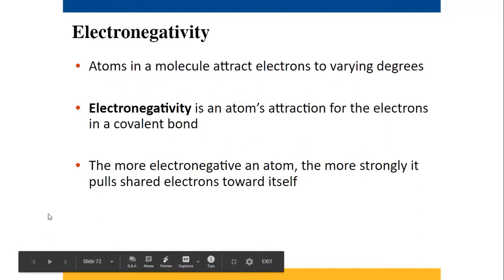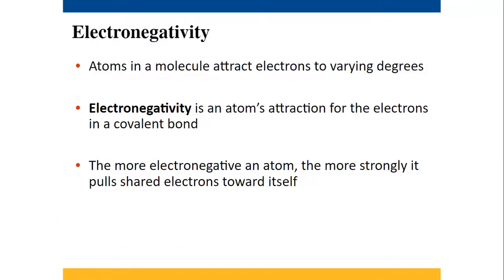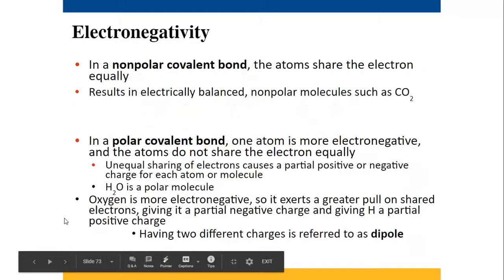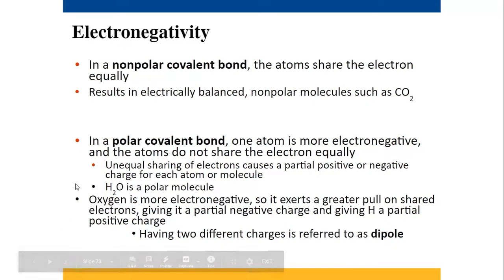So remember, electronegativity is an atom's attraction for the electrons in the covalent bond. Okay, so it could be in a covalent bond, and you can use the term electronegativity in general. Essentially, an atom that attracts electrons stronger than another atom is more electronegative than the other atom. Okay, so even when you're sharing electrons in a covalent bond, water is a perfect example, it's a very polar molecule.